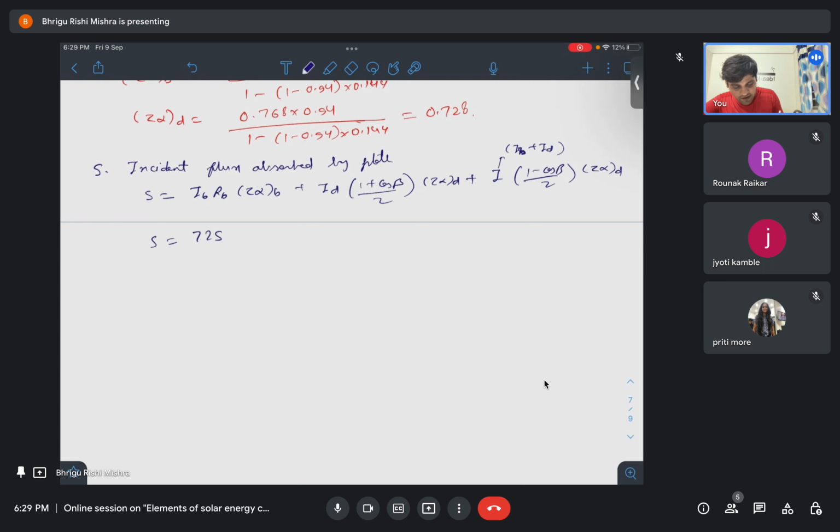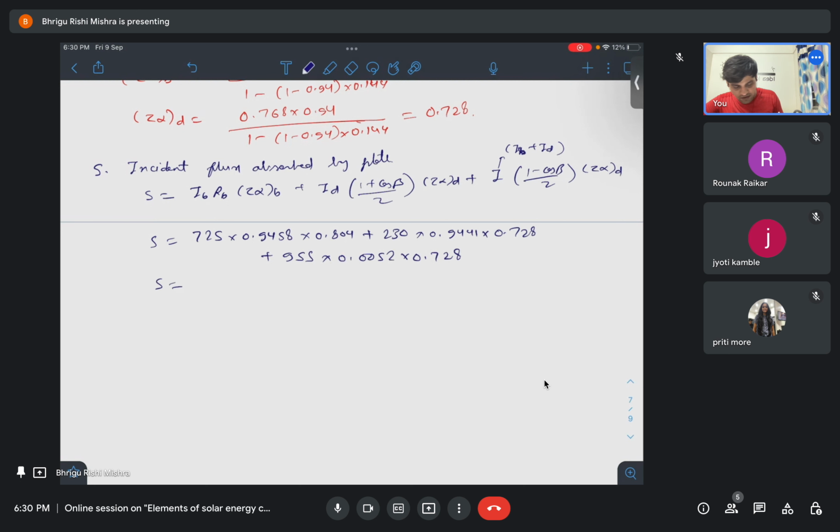So we can calculate S. IB is 725, RB is 0.9458 which we calculated, tau alpha b is 0.804, ID is given as 230, and (1 plus cos beta)/2 comes around 0.9441, tau alpha d is 0.728, and again I is 955 into 0.0052 into 0.728.